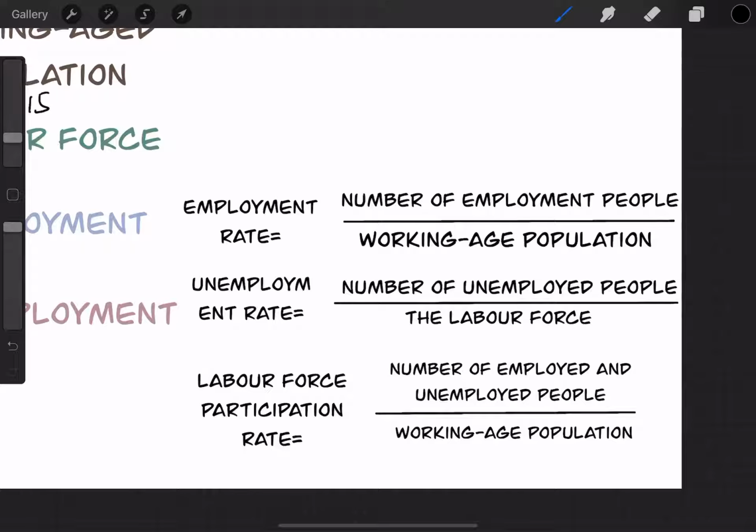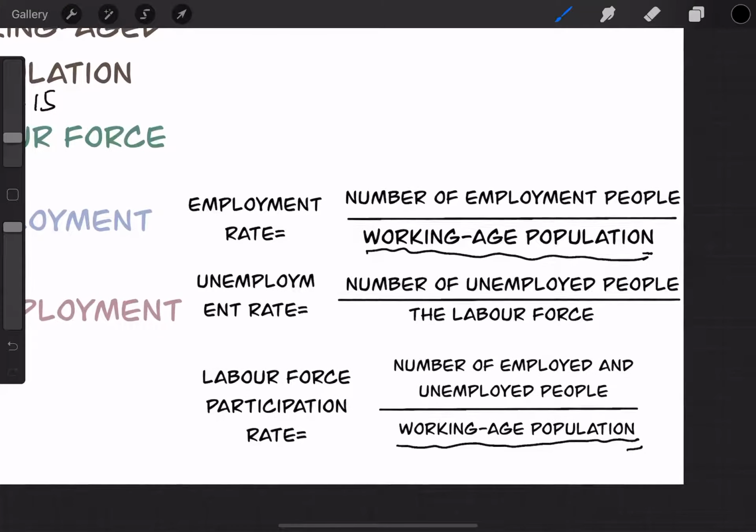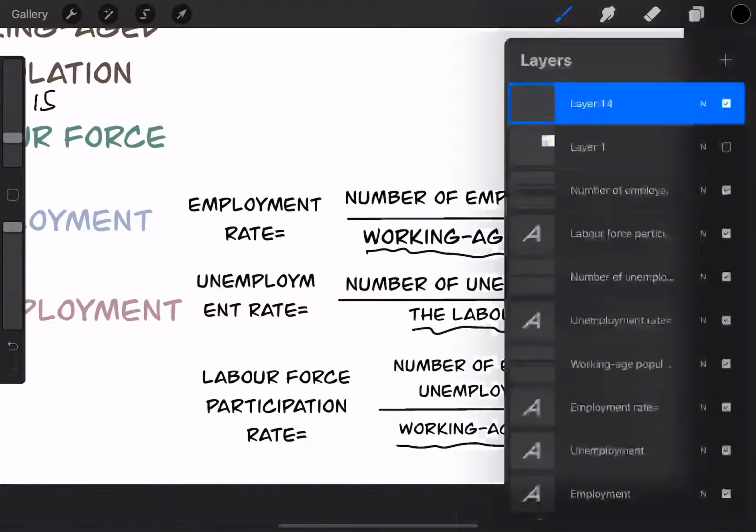A point we need to pay more attention to is that employment rate and labor force participation rate use working age population, but unemployment rate uses the labor force.